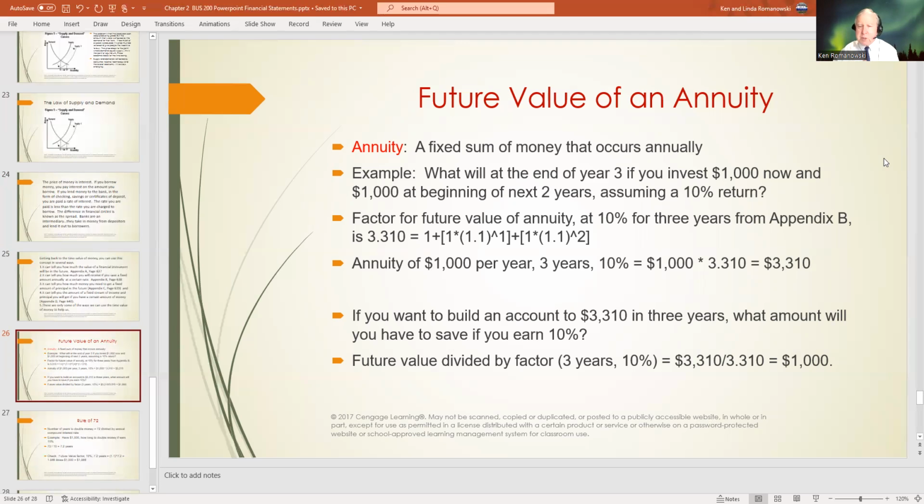And you're doing that for so many years. You're doing it for year 1, and then you're doing it for year 2. The first one that you see here refers to the beginning amount that you are investing. The other 2 parts that are added involve the future investments after year 1 and after year 2.